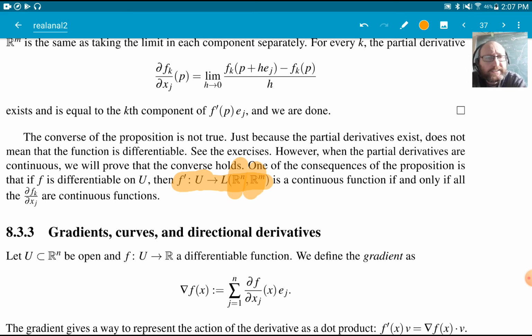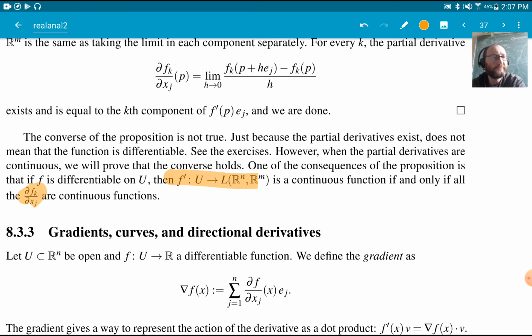And this proposition says that suppose that it is differentiable at every point. Then the derivative is a continuous function if and only if the partial derivatives are continuous functions. So seeing the continuity of the derivative in either setting is just right: either this thing is continuous or all of these are continuous.